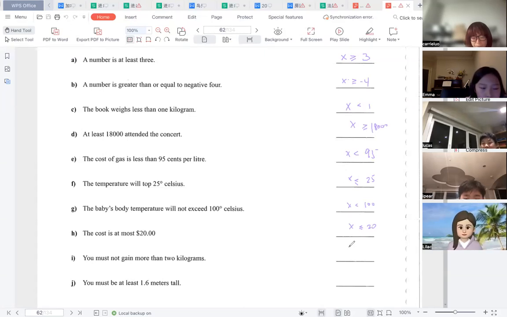X smaller than 2. More than, gain more than, not more than 2. Can we do equals to? 不能被2多，能不 哦 能是2？ Smaller or equals to 2. Yeah, okay. You must be at least 1.6 meters tall.